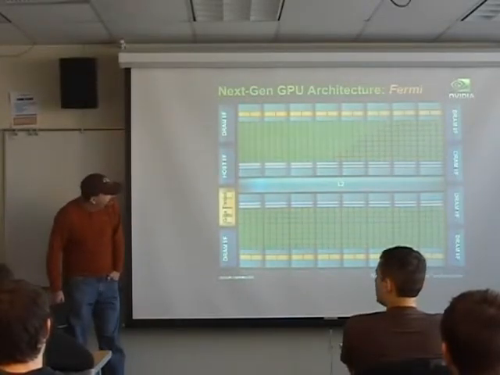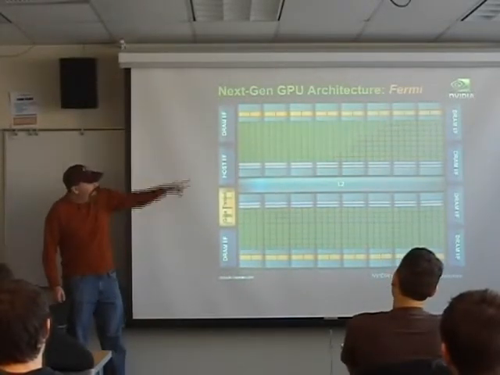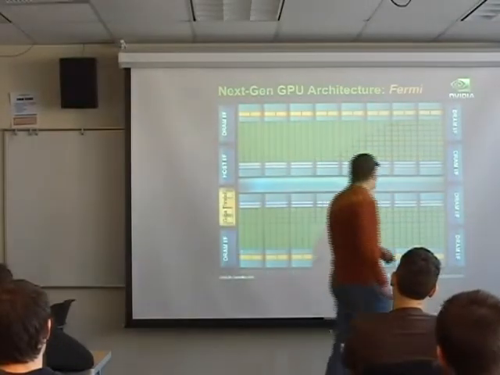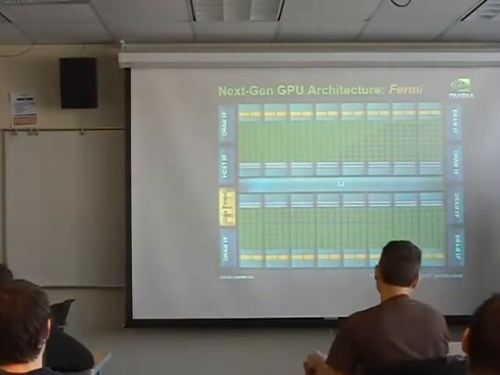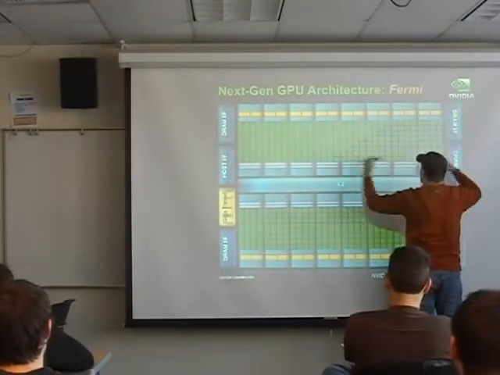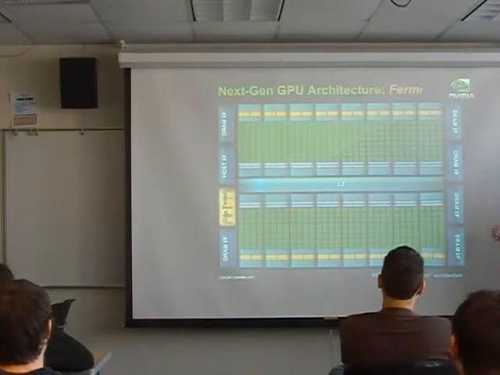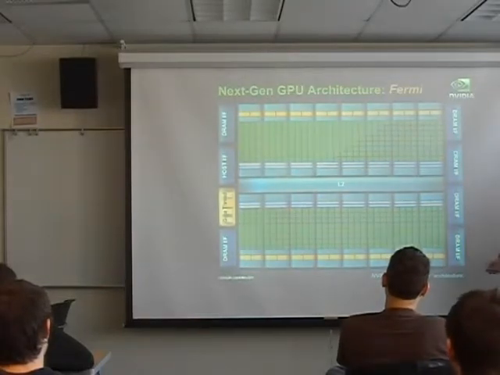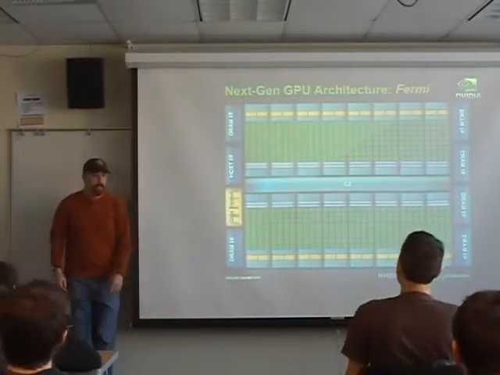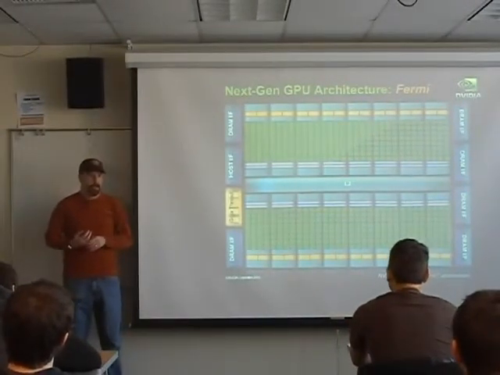All the rest of it is not math, but if you look at it as a proportion of the chip, this is a huge amount of math. Call it 50%, maybe 60%. On a CPU, you're going to see something like 20 to 30% math. That's one of the reasons that we can blow them away in terms of parallel processing: we just have a lot more math resources to throw at it.